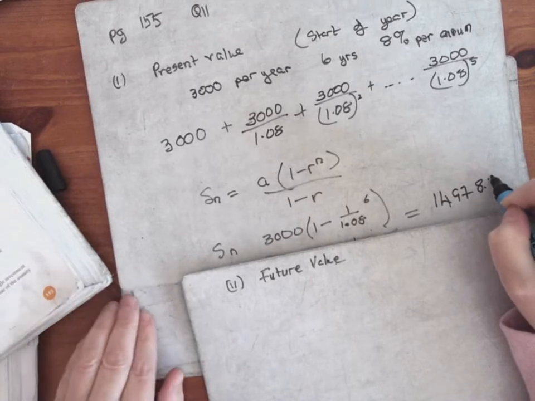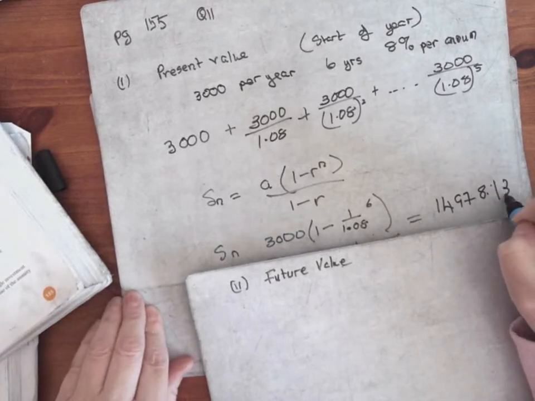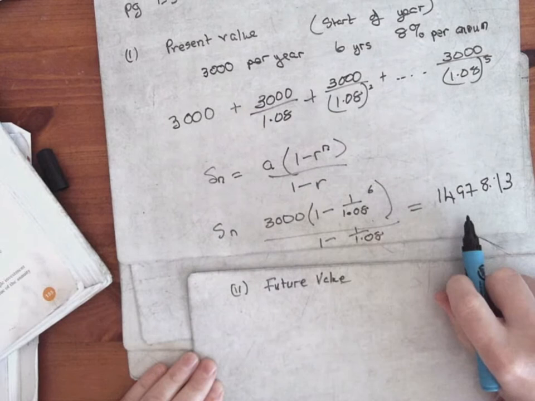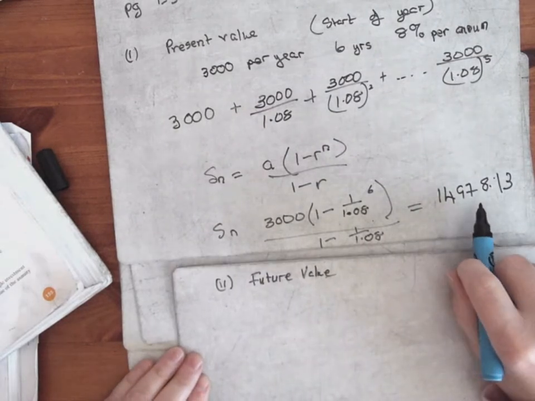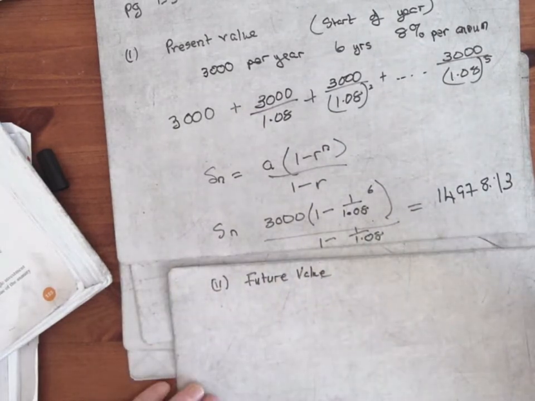Okay, so instead of saying I'm going to put in 3,000 every year, if you just put 14,978 euros, you'll end up with the exact same amount.